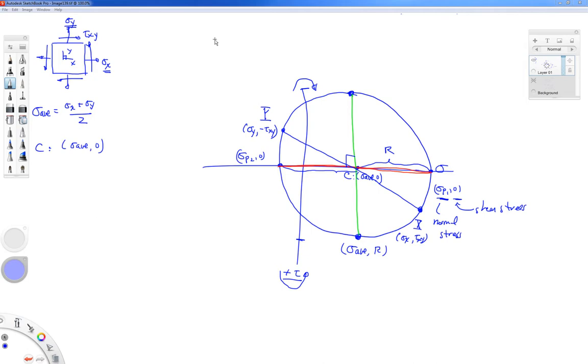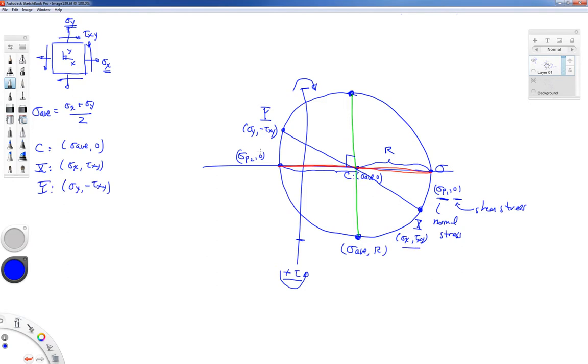So to start at the beginning, to construct the Mohr Circle, what we want to do is first plot 2 points, what I'm going to call my X point, which is sigma x, comma, tau xy, and my Y point, which is sigma y, comma, minus tau xy.